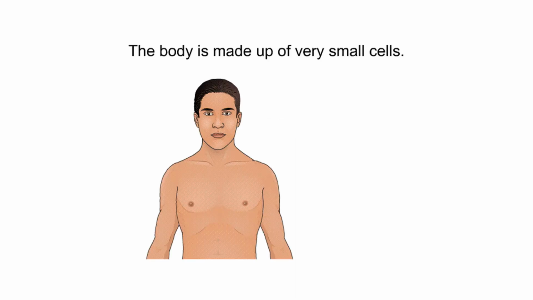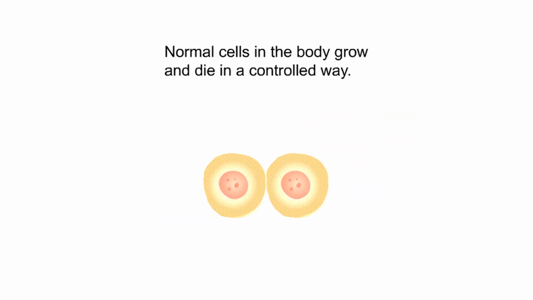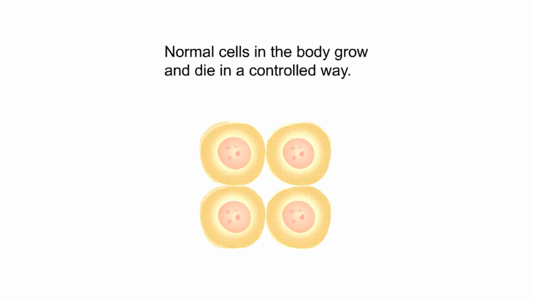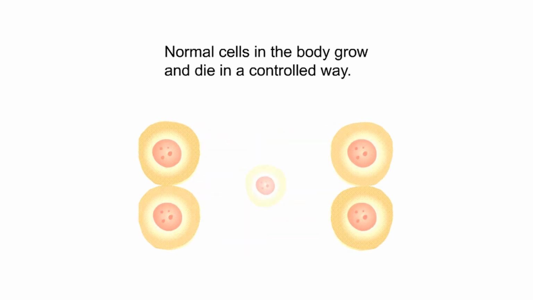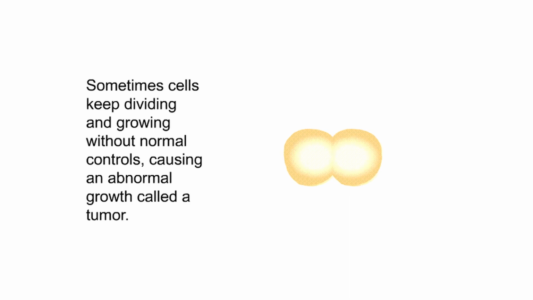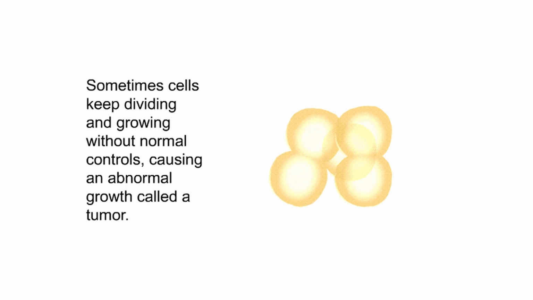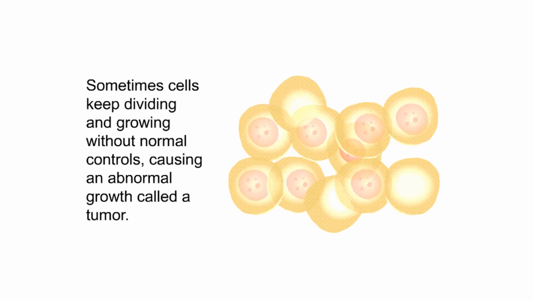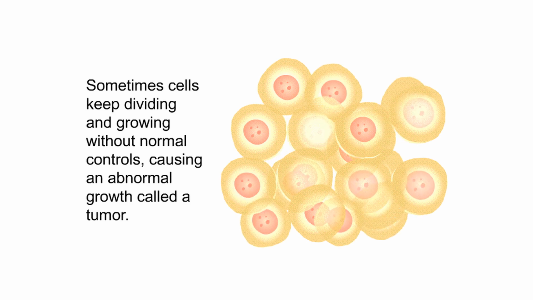Cancer. The body is made up of very small cells. Normal cells in the body grow and die in a controlled way. Sometimes cells keep dividing and growing without normal controls, causing an abnormal growth called a tumor.